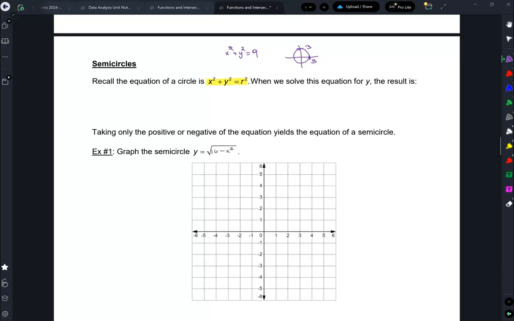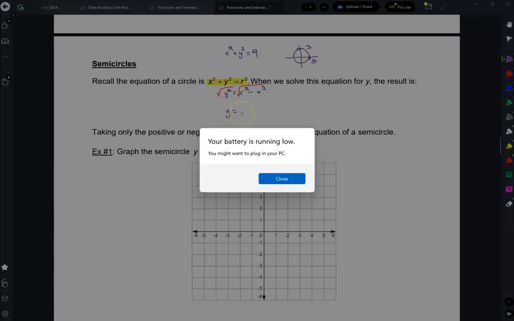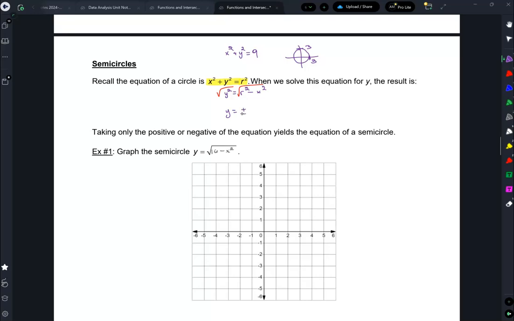Now let's solve this equation for y. We would get y squared equals r squared minus x squared. When we take a square root, y is plus or minus the square root of r squared minus x squared. Just like when we get plus or minus a root, we have 2 equations essentially.